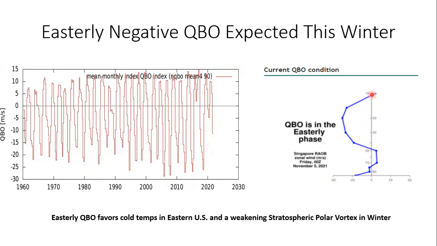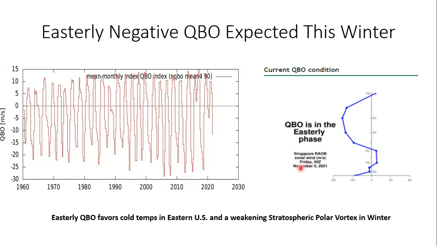You notice how this blue line bends back this direction, right down to about 50 millibars. This area is indicative of an easterly QBO phase. Between 10 millibars and 50 millibars, we're seeing the negative values, with just a slight sliver of positive values between 50 and 70 millibars.